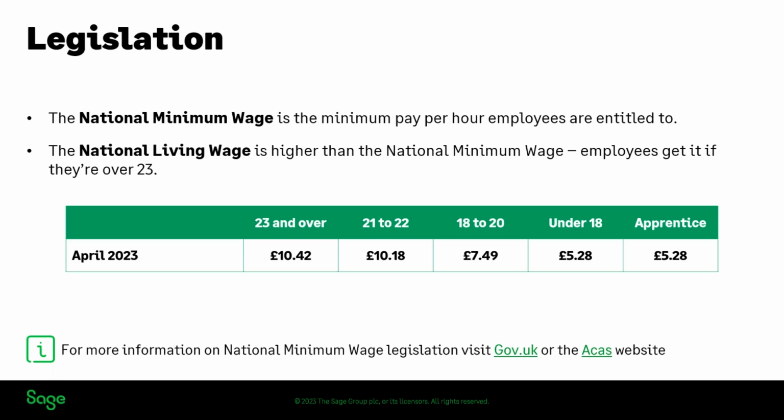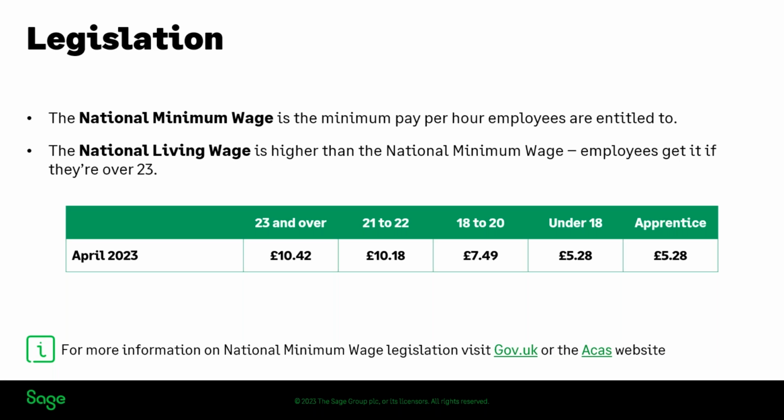So let's take a look at the current rates, and these were applicable from the 1st of April of this year. For employees aged 23 and over, they are entitled to the national living wage, which is £10.42 per hour. Employees aged 21 to 22 get £10.18 per hour. 18 to 20s at £7.49, and under 18s, so 16 and 17-year-olds, it's £5.28 per hour, which is the same amount for an apprentice who is either under 19 or 19 and over and in their first year of their apprenticeship.